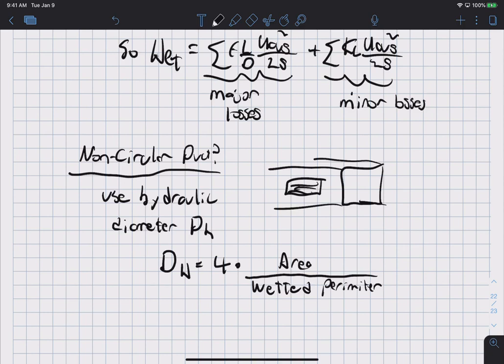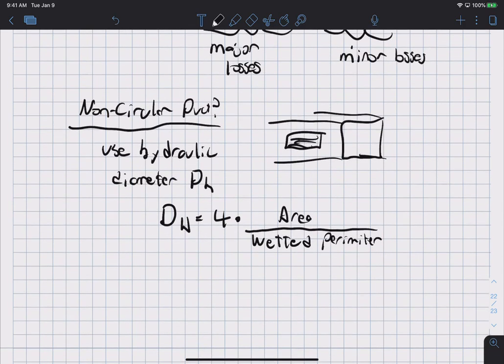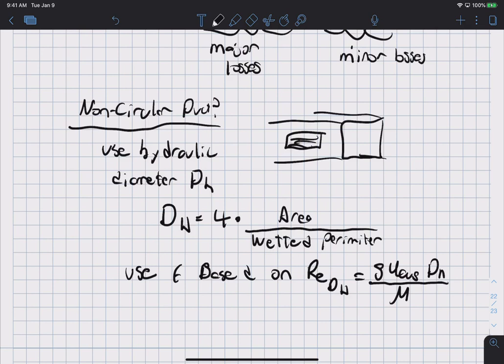And so what you do with this hydraulic diameter then is you use f based on Re_DH equals rho U averaged times the hydraulic diameter over the viscosity.